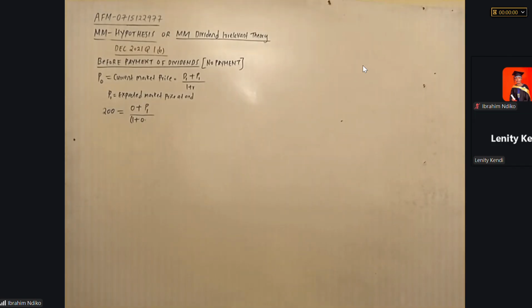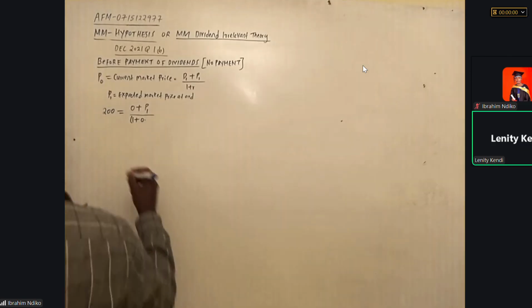D1 is the expected dividend at the end of year 1, but we are not paying dividend. So we start with the one we are not paying first. What's the cost of equity? The company's cost of equity is 20%, so 0.2.